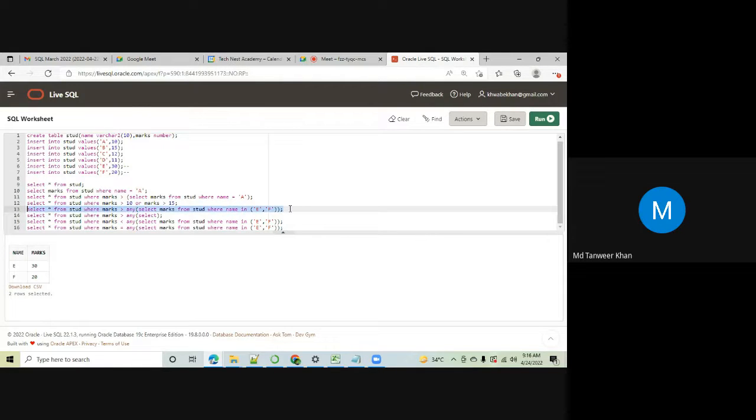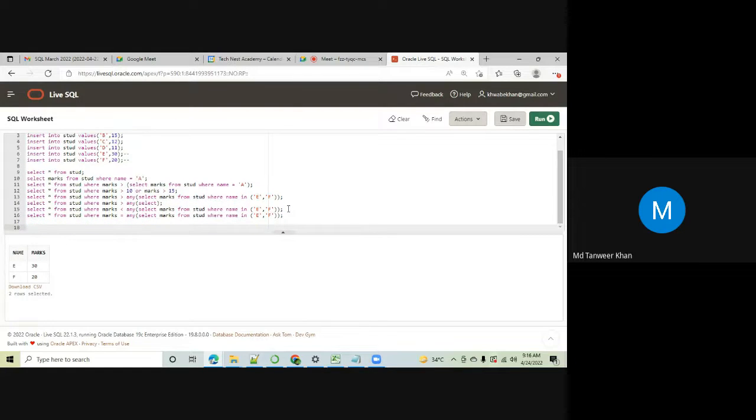Now you have the concept of ALL. Let me execute this. No data found. I have just replaced ANY with ALL here and got the output as no data found. Why?